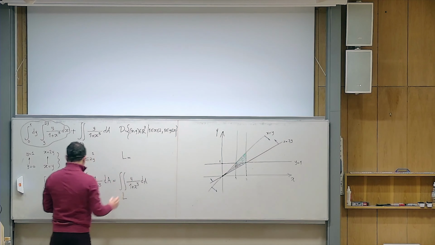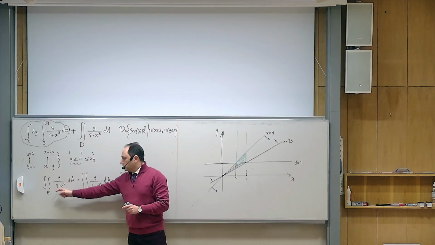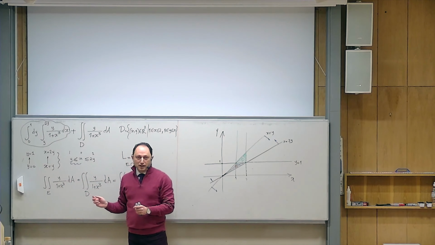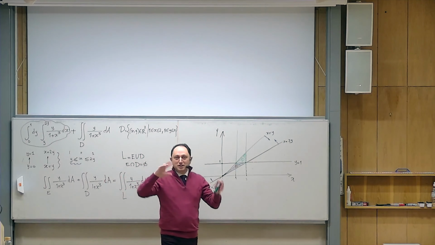Calculate the same integral on domain D, calculate the same integrand on domain E, and add them up. Okay? But this problem is engineered in the reverse direction. Yes? They have given you two integrals. Your duty here is to collect them back. So this is what I did. I hope that you understood.